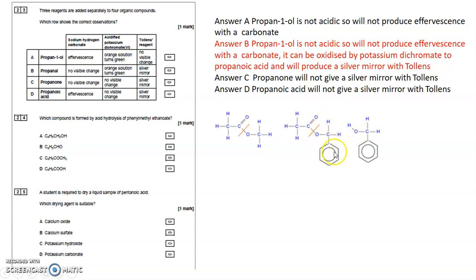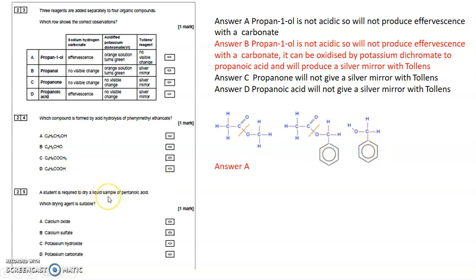So this part here forms this alcohol. So I'm going to get ethanoic acid, and I'm going to get this compound here. This compound looks as if it is a C6H5, that's the ring, CH2OH. So my answer is A.